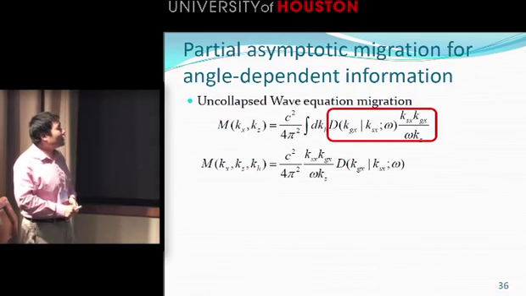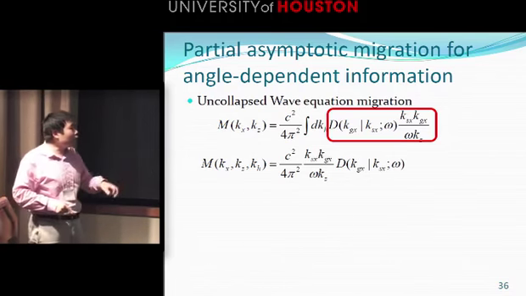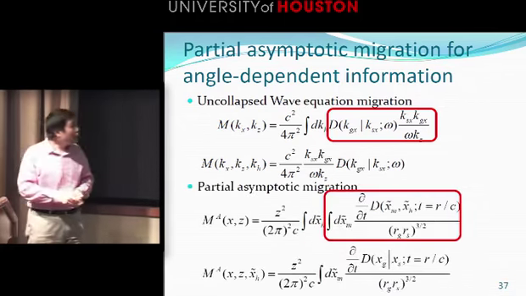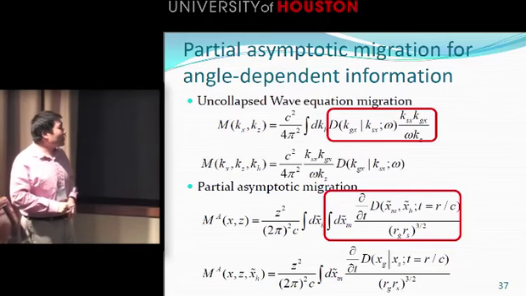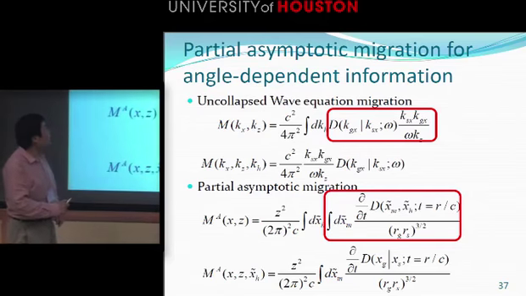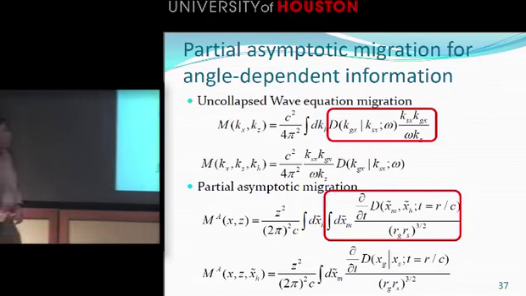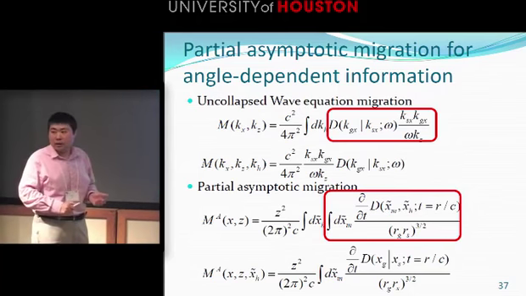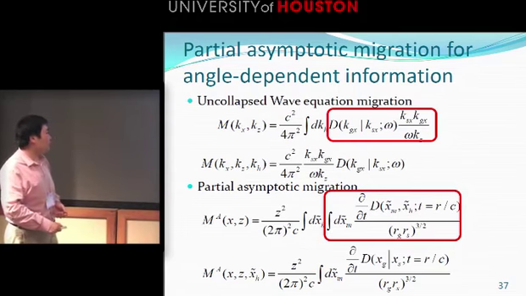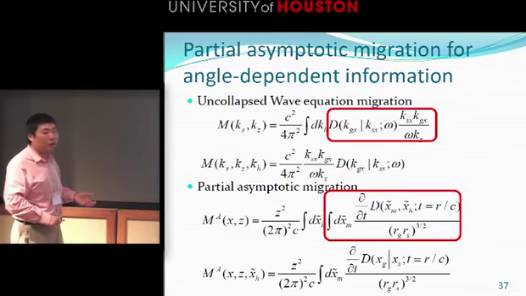This integrand has the kh freedom, so we can have the subsurface offset information. If we look at the formula for asymptotic migration, we also have an integral over xh here. It's not kh, but it looks similar. Can we look at the integrand of this integral and get the xh information, treating it as subsurface offset?